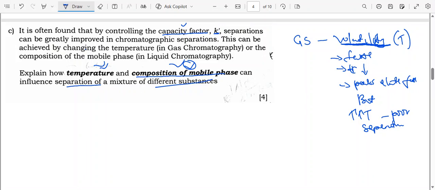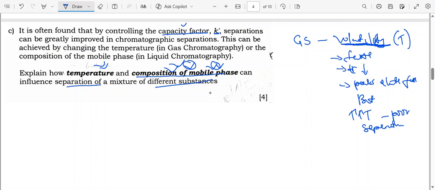If temperature is increased, all compounds will elute fast, but separation will reduce. Why? The composition of the mobile phase also matters because it affects the solute solubility. In short, the mobile phase ratio, the composition, matters.